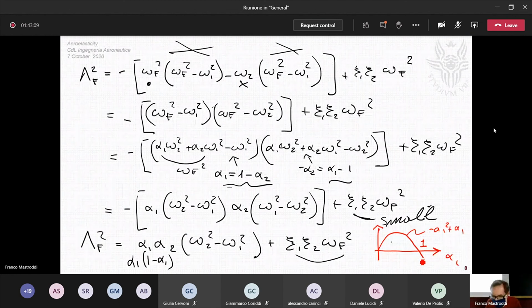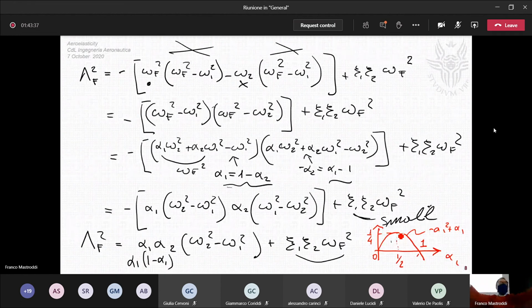And this is 1, and this is 0. And here you have a maximum of this parabola for 1/2. And the maximum is given by the value of this quantity, which is 1 minus 1/4 plus 1/2, which is 1/4. Very stupid, but this is the situation.